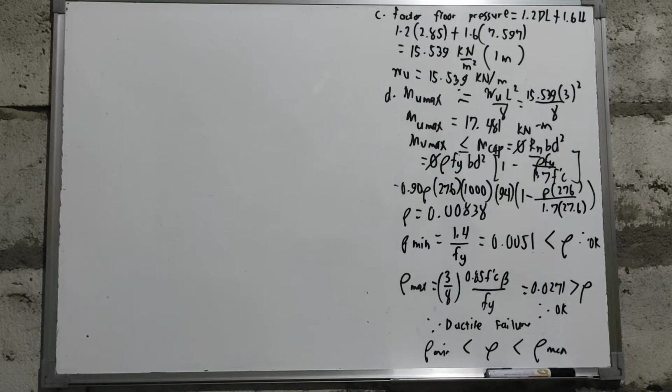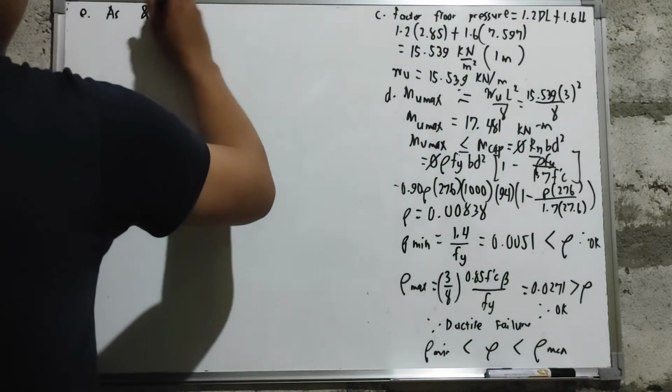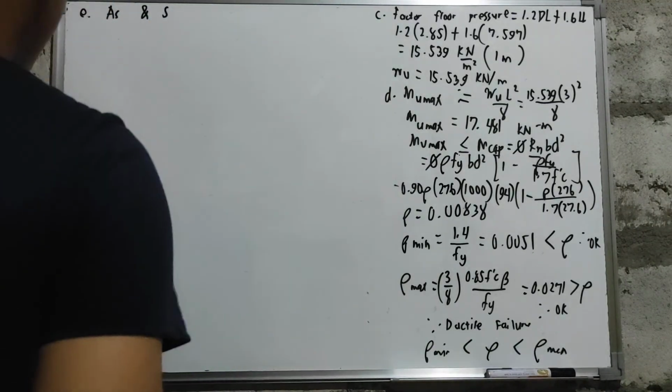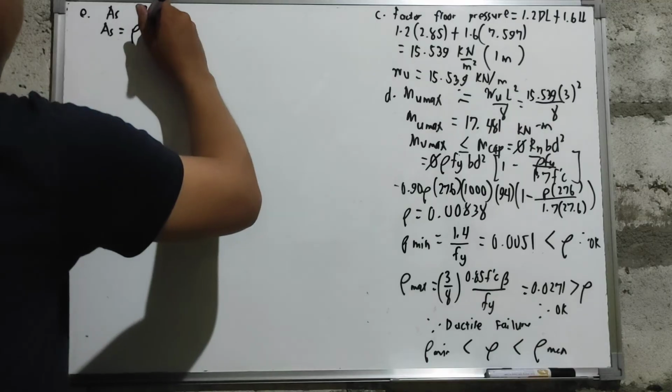So nakuha na natin yung value nung rho natin. So for the next step, hanapin na ngayon natin yung value ng As natin and the value ng spacing natin. So makukuha natin yung value ng As natin, that is rho bd.